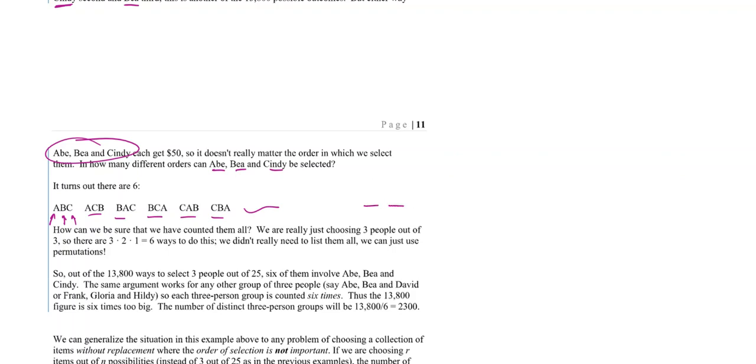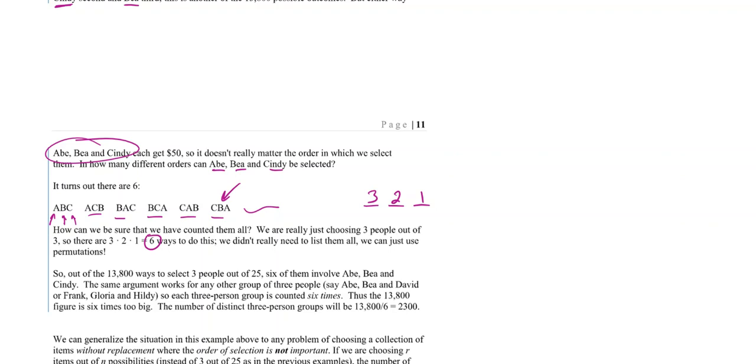We'd have three spots, and we're just choosing three people, right? So it's like 3 times 2 times 1. This is really just a factorial or a permutation from before, right? So we can say that there are 6 different ways that we can arrange those guys.